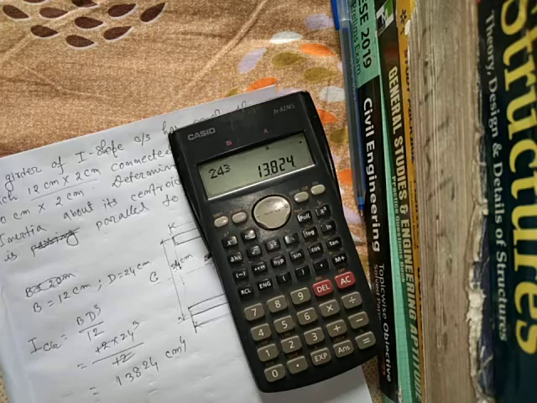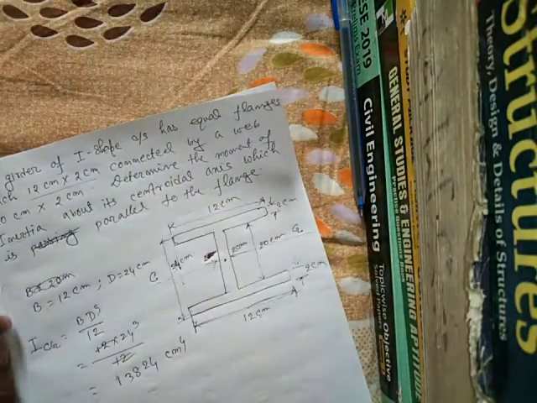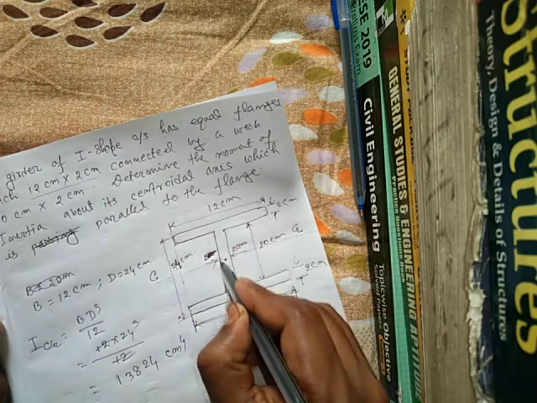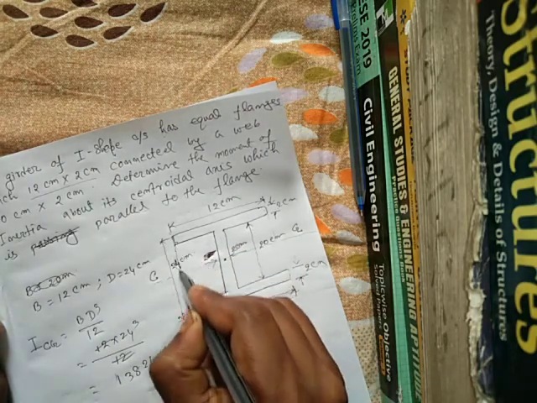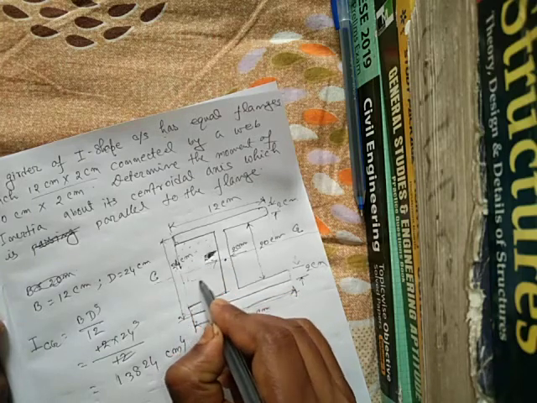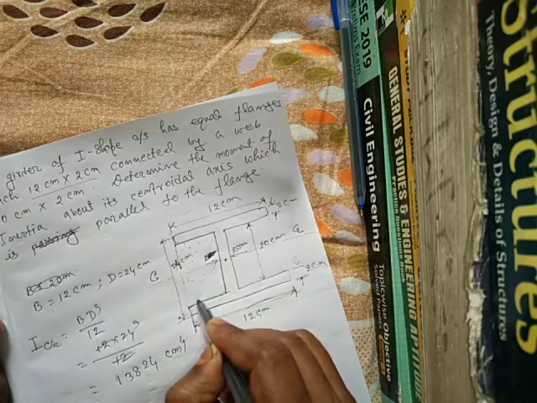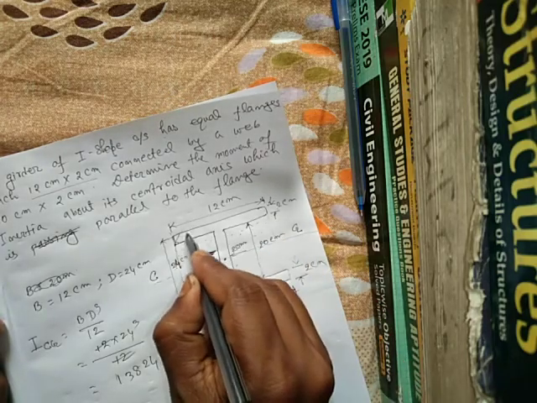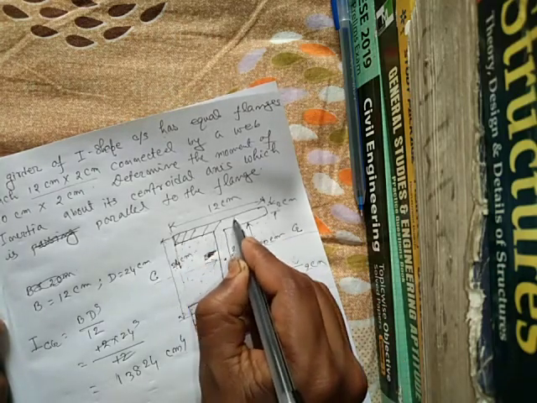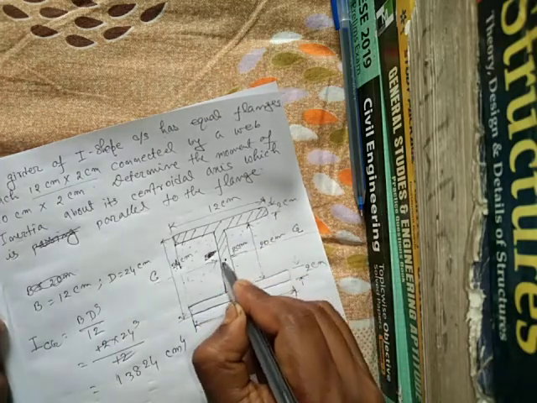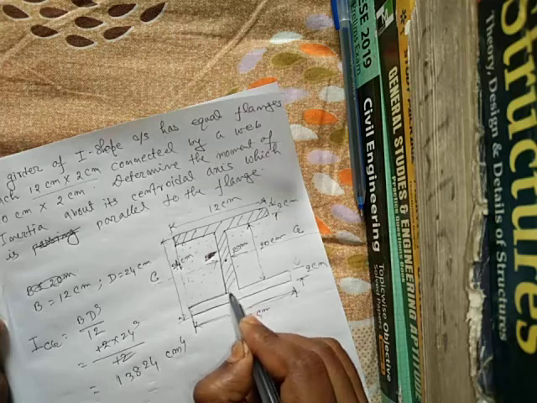Now if I subtract this void portion and this void portion of the rectangle section, then we will get the moment of inertia of the whole solid I section about CG.